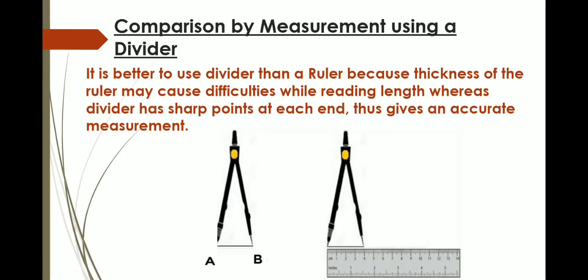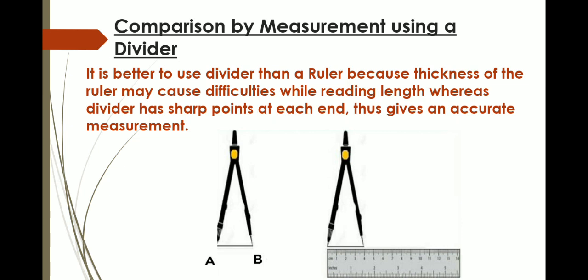Comparison by measurement using a divider. It is better to use a divider than a ruler because the thickness of the ruler may cause difficulties while reading length, whereas a divider has sharp points at each end, thus gives an accurate measurement.